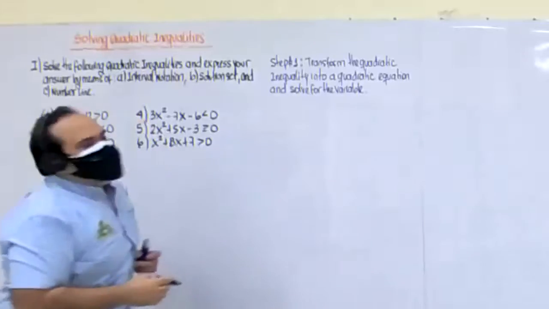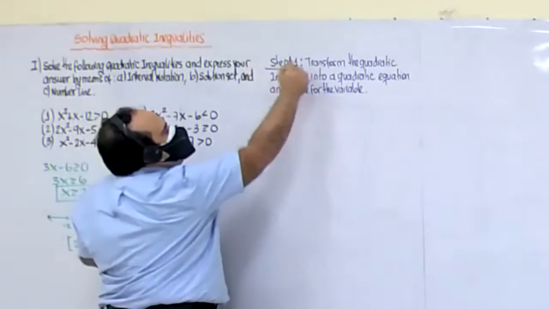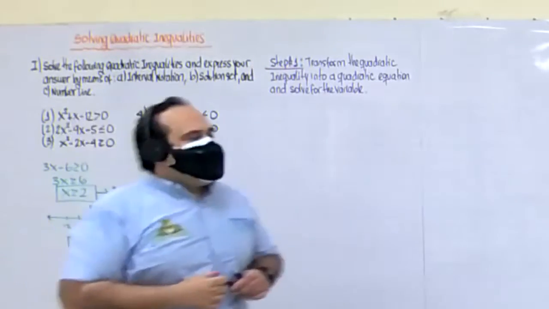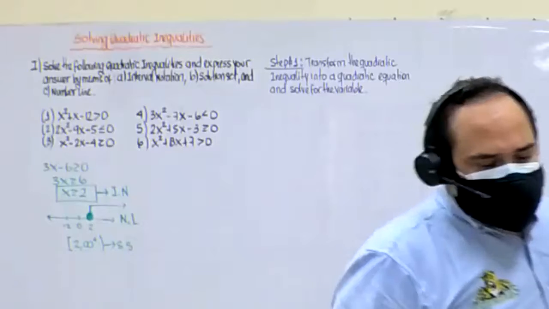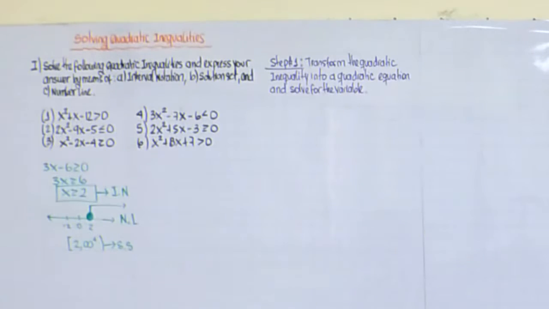This is going to be step number one. Transform the quadratic inequality into a quadratic equation and solve for the variable. It could be solve for x, y, z, depending on what we're talking about.